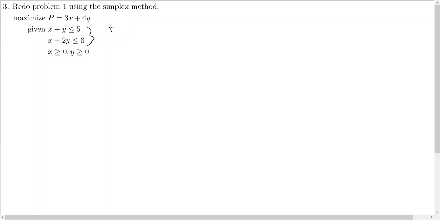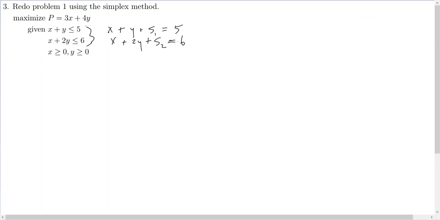And this is what we get: x plus y plus S1, now instead of less than or equal to, is equal to 5. Right, so that's an equation, our first equation. Then x plus 2y plus S2 equals 6, right?